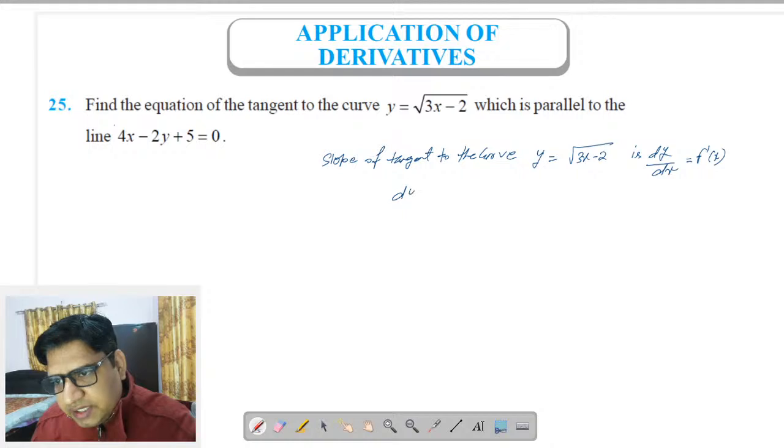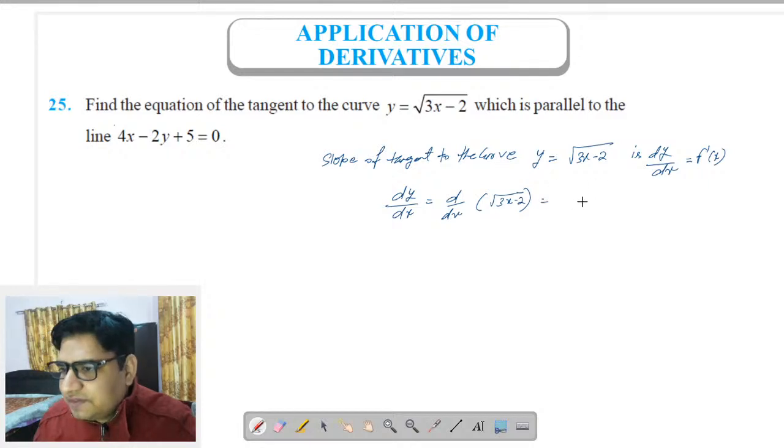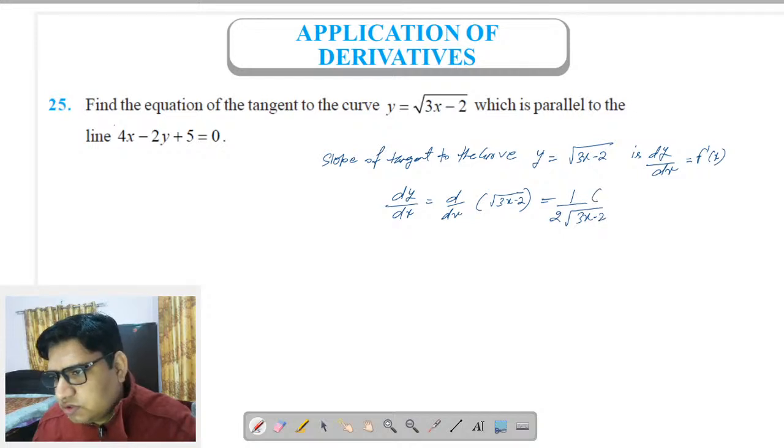So dy by dx is equal to d by dx of under root 3x minus 2, which will be 1 by 2 under root 3x minus 2, and d by dx of 3x minus 2 is 3. So that will be 3 by 2 under root 3x minus 2.